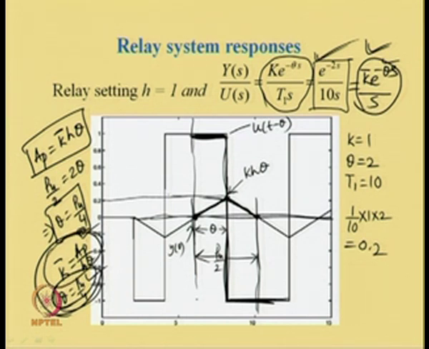K bar is equal to the measured peak amplitude divided by h theta, and you do get the other unknown k bar. That is how the two unknowns associated with this system are identified.